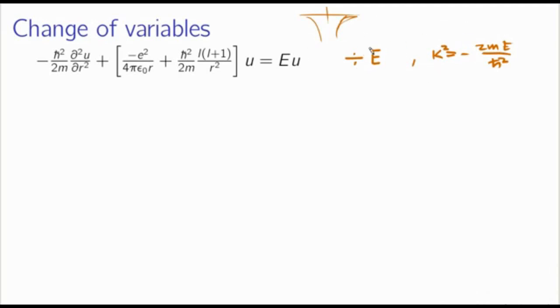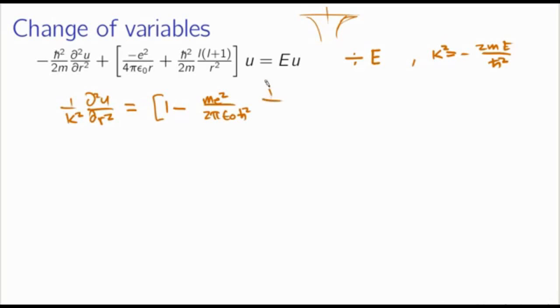If we make these definitions and we make this simplification dividing through by E, we end up with 1 over k squared times the second partial derivative of u with respect to r squared. That's coming from this term. And that's all equal to, now rearranging some terms from the left-hand side to the right-hand side of the equation, 1 minus m e squared over 2 pi epsilon naught h bar squared.